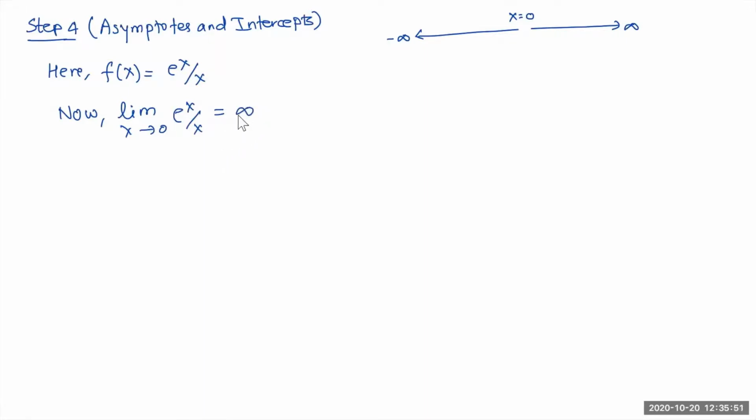The meaning of that is x equal to 0 is a vertical asymptote. So we were looking for something here at x equal to 0 because x equal to 0 was not in the domain of the function. Now we know that at x equal to 0, you have a vertical asymptote. So this is how we find the vertical asymptote.